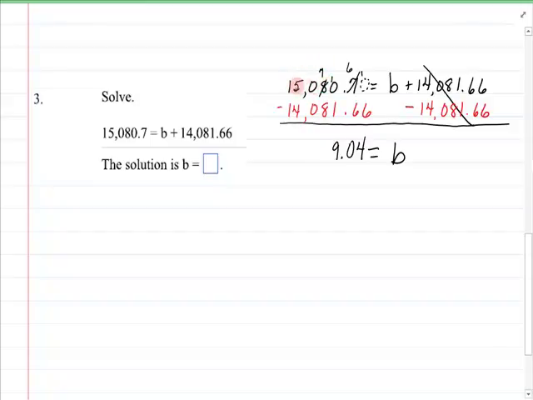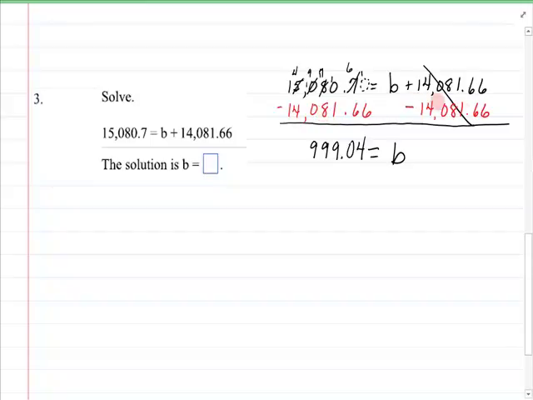Need to borrow. Got to go all the way over here. That's a 4. Make that a 10. Borrow from it. And now that is a 17. 8 from 17 is 9. 0 from 9 is 9. And there's nothing more. So my answer is 999 4/100 is the value of B.